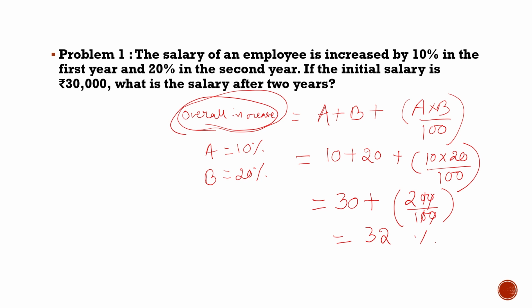Now the initial salary is given as 30,000, right? On this 30,000 initial salary, the percentage increase was 32%, right?